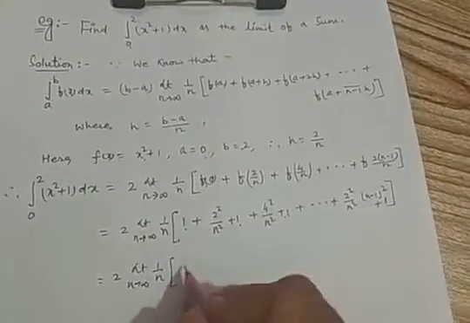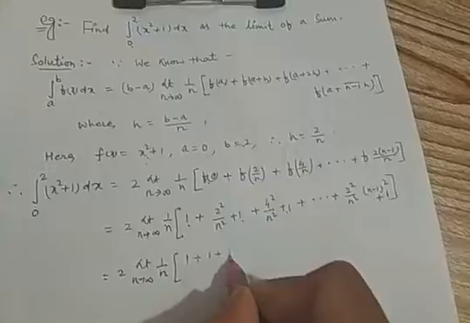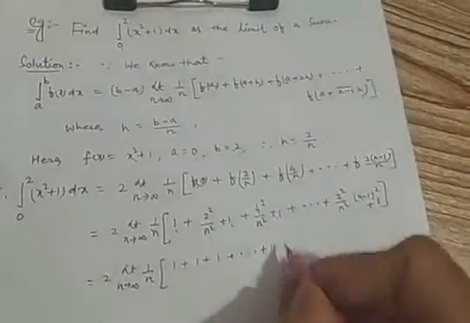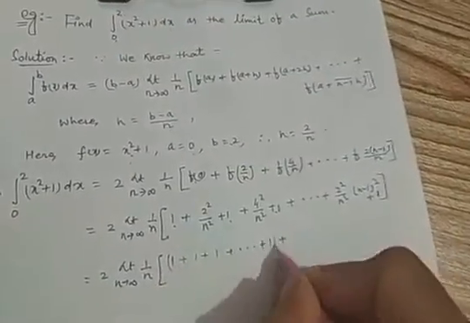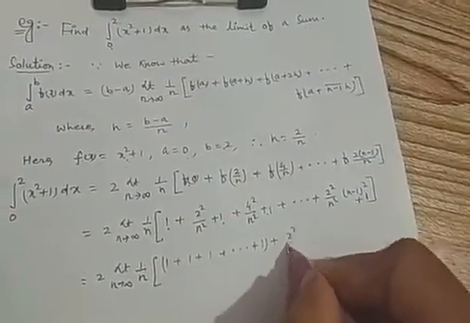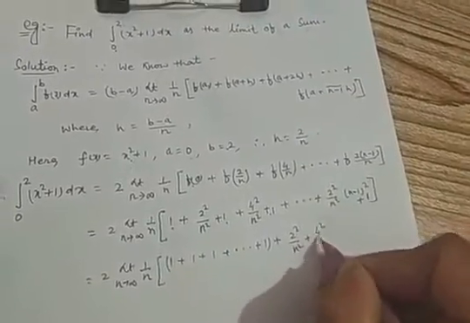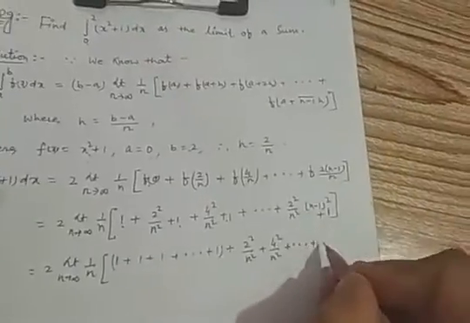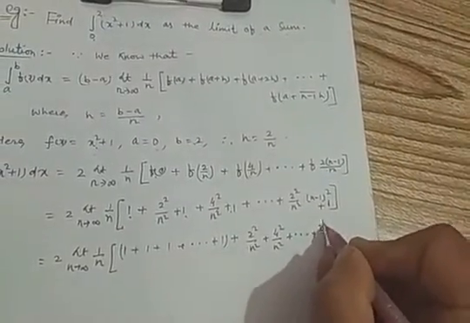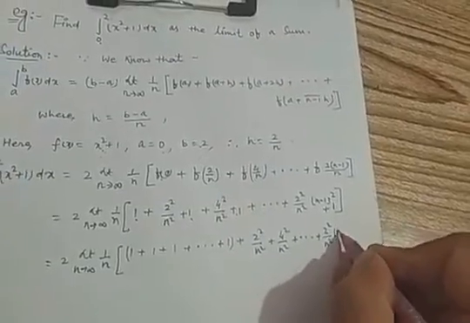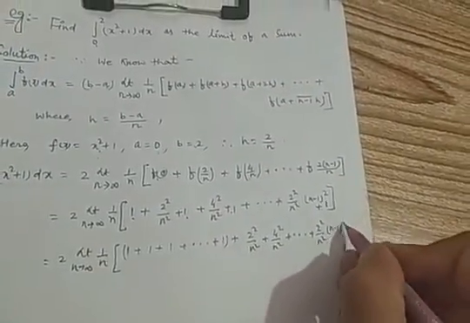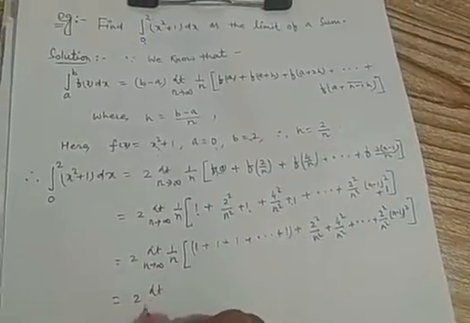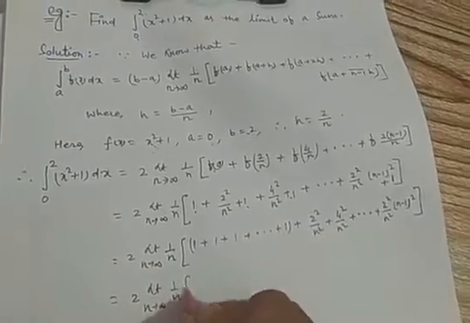So here will be 1 plus 1 plus 1 plus dot dot dot till n terms, plus 2 square upon n square plus 4 square upon n square plus dot dot dot up to 2 square upon n square into (n minus 1) whole square. So here will be 2 into limit n tends to infinity 1 upon n.